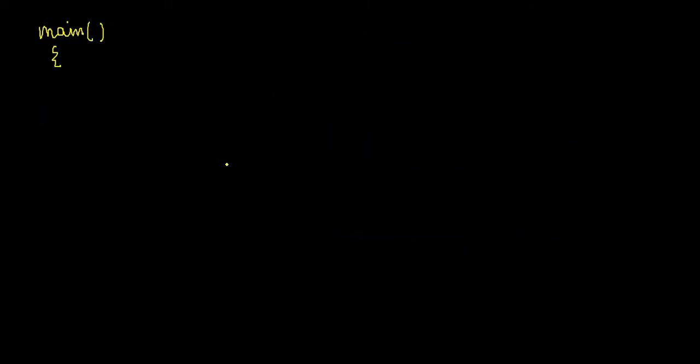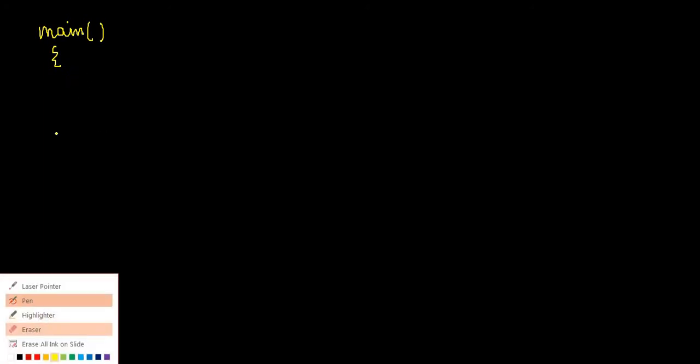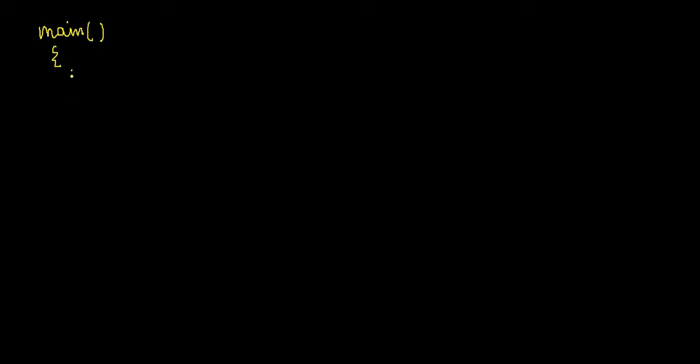So let's consider that we have a variable k equal to 1, which is representing the kth queen. And we have one more variable n equal to 4.